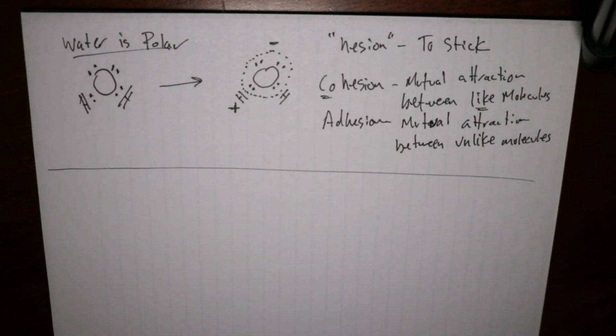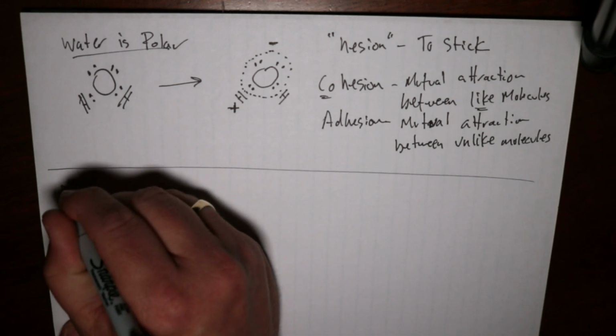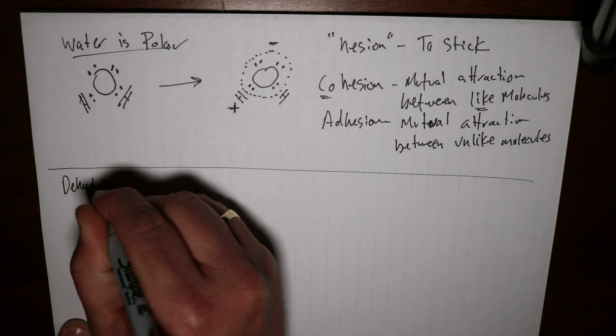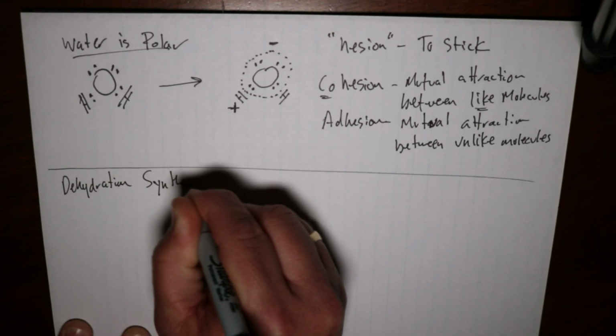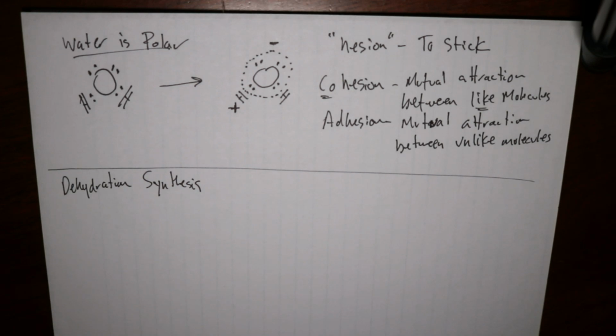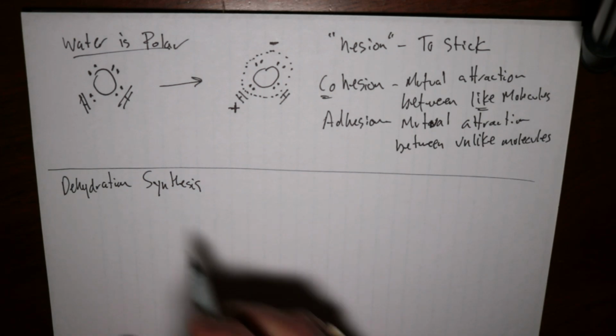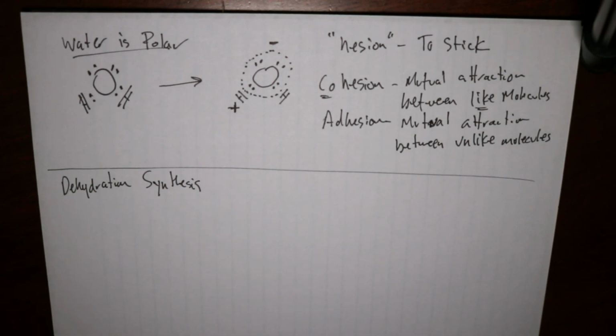So let's draw a line and let's do something different down below. And now we're going to have to draw some molecules, so this could get a little dicey here. The first thing we want to talk about is dehydration synthesis. So let's write that. It's so hard to talk and write, so I apologize for that. All right, dehydration synthesis. Let's draw two molecules. This is the way we're going to draw molecules here tonight, especially when we're drawing carbohydrates.